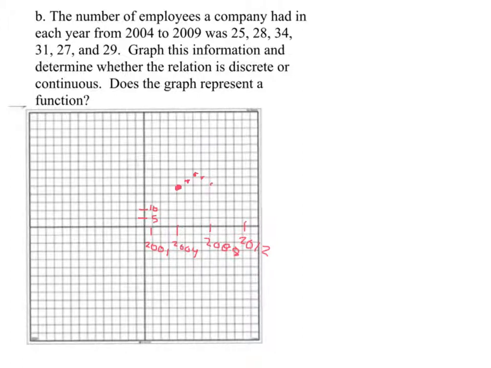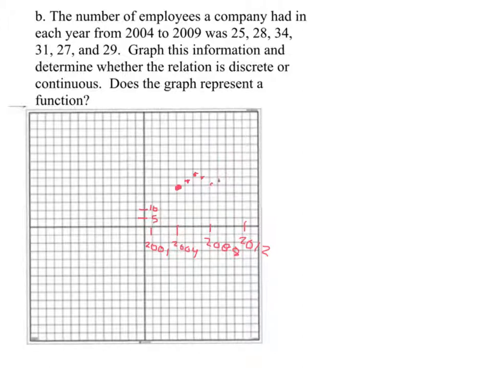And then for 2009, our last one, we're looking at 29. Now yours will be more precise than mine is, but this is about what it's going to look like.